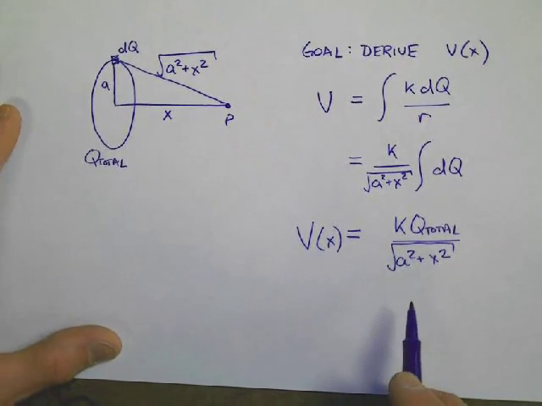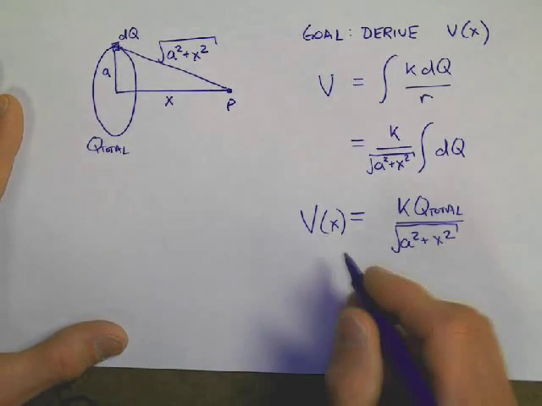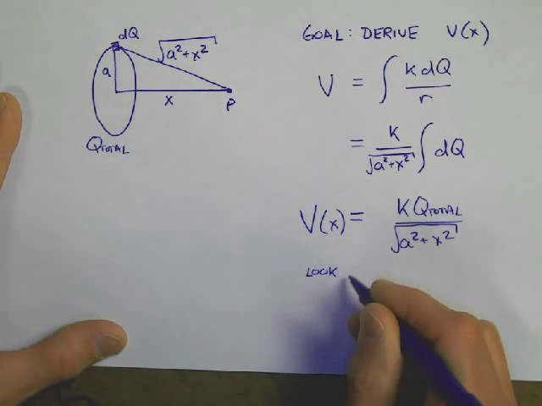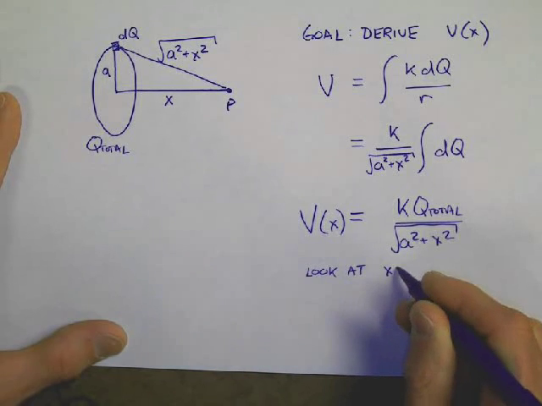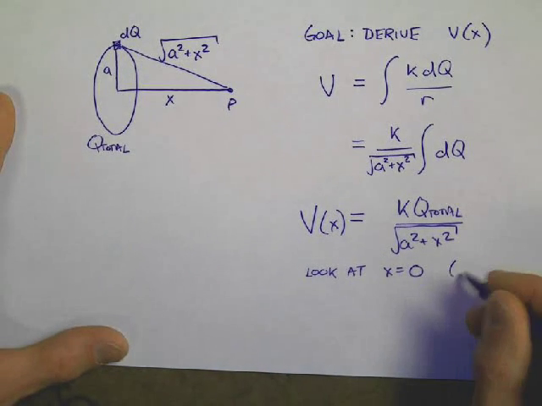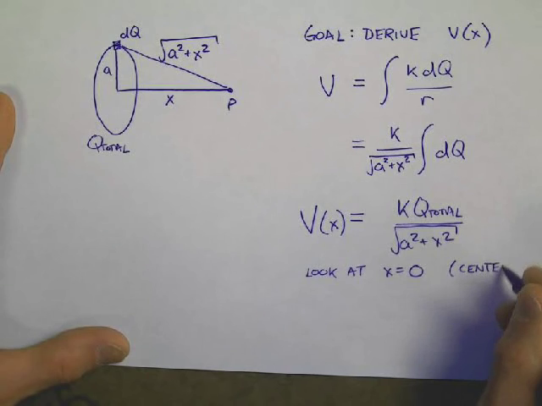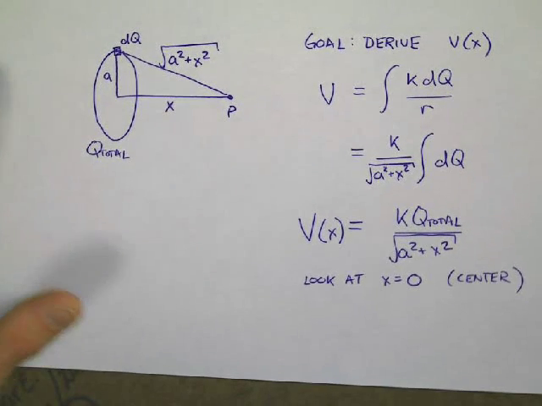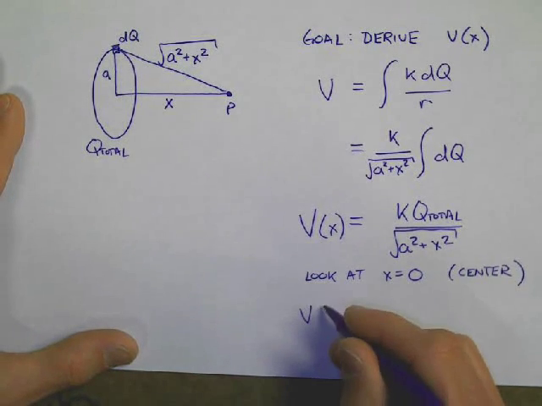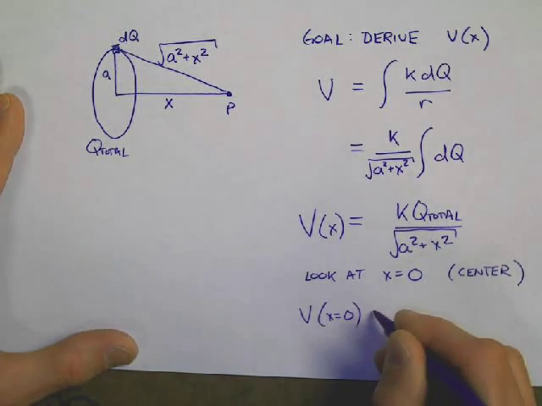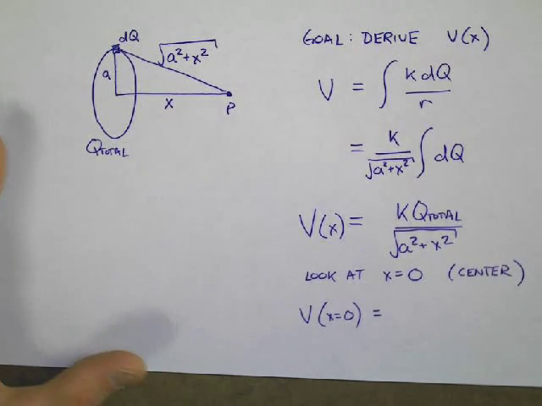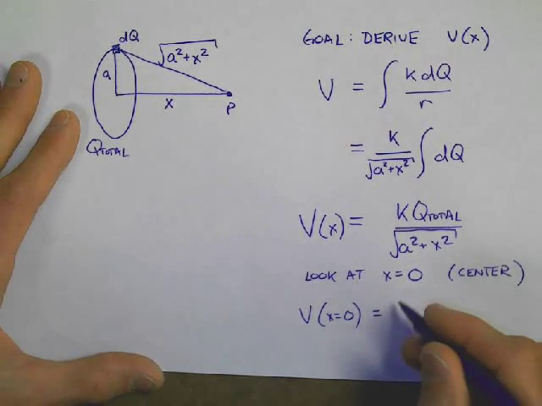One of the interesting applications of this is to look at x is equal to 0. In other words, the center of the ring. And of course, if you look at the potential there, the expression that we derived gets real simple.